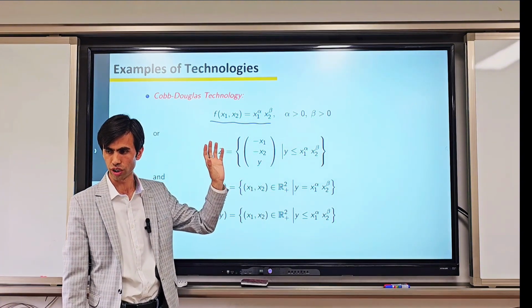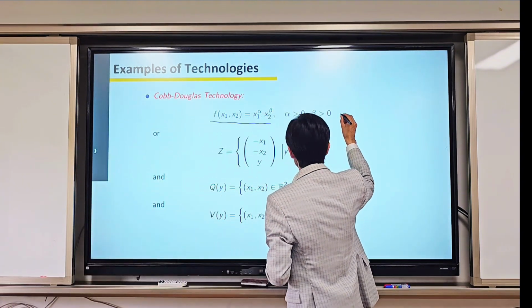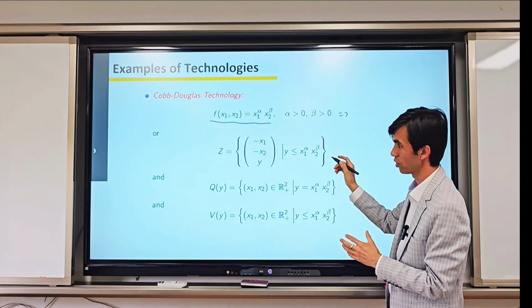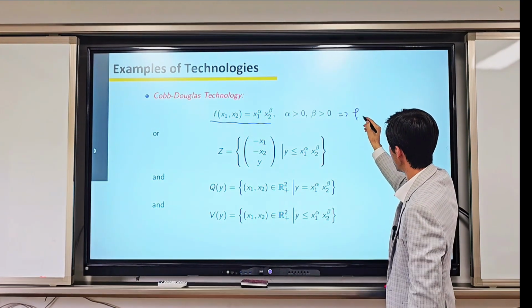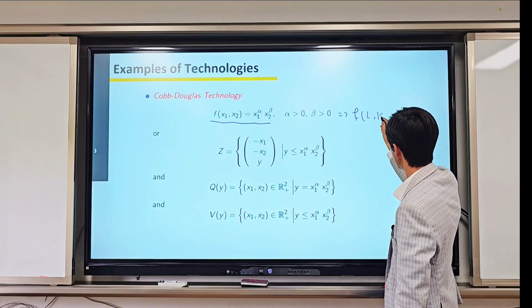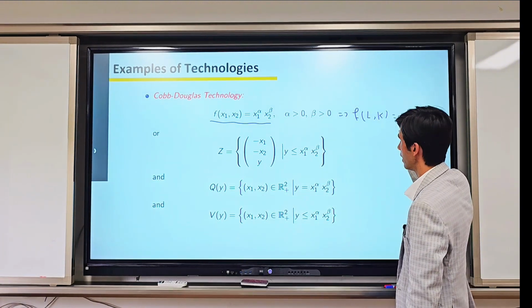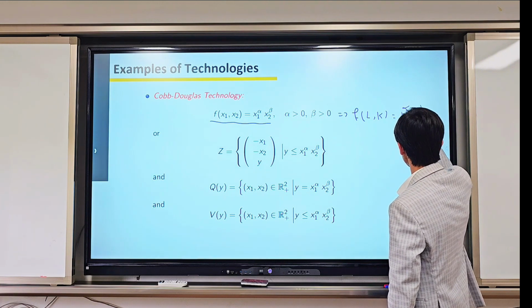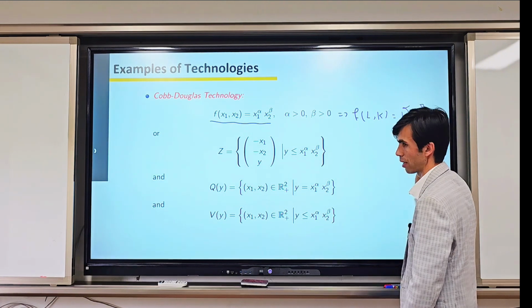It means they should not be 0. And one of the most common Cobb-Douglas functions that we use in production theory is f of L, K equals L to the power of alpha, K to the power of beta, which is labor and capital.